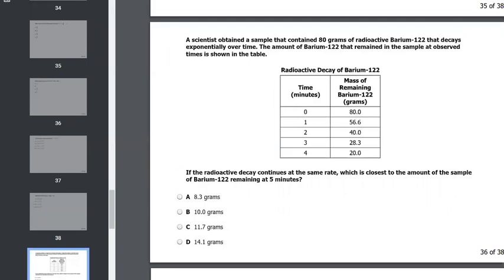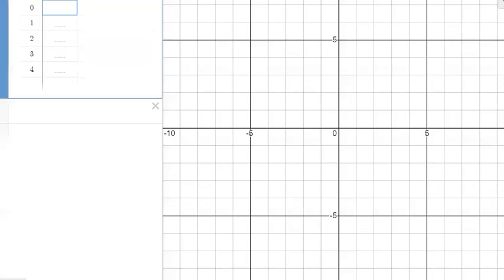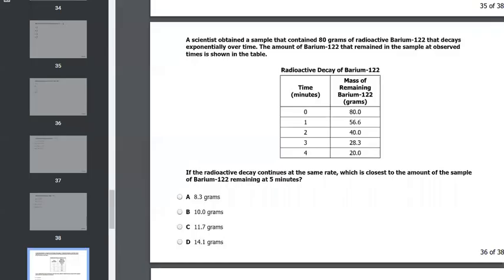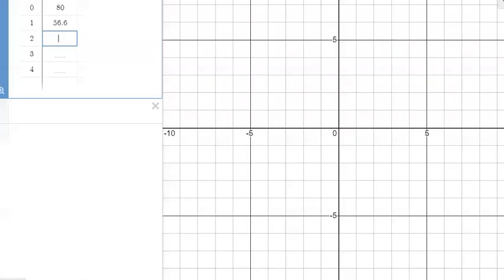80, 56.6. And then what does it say? 40, 28.3, and 20.